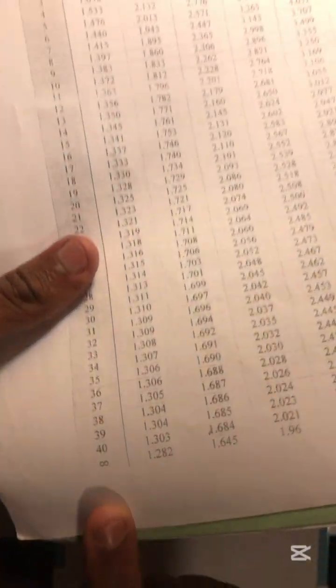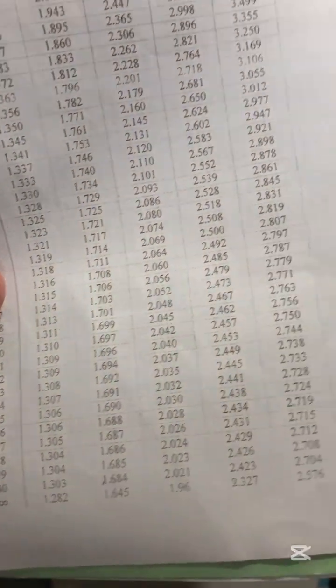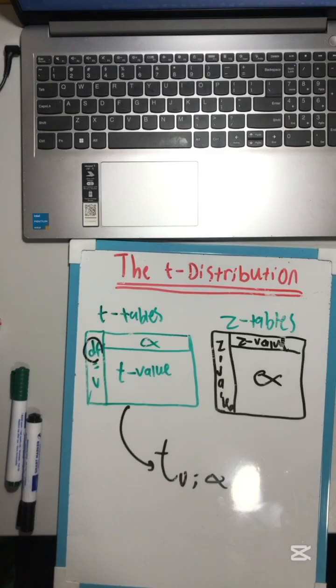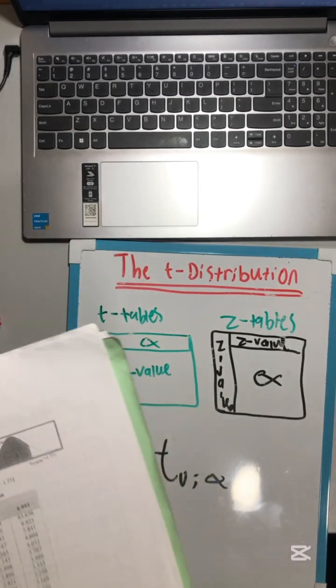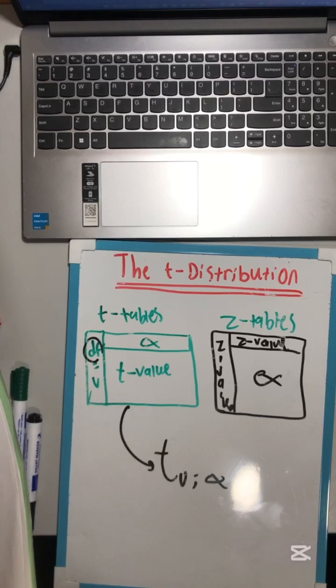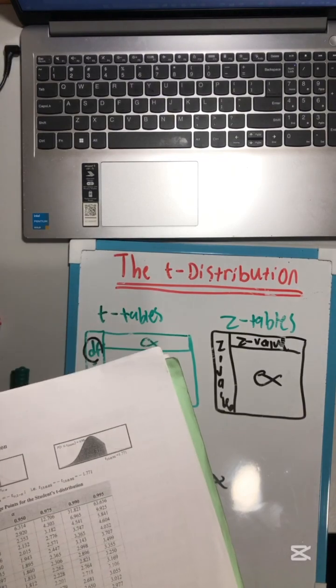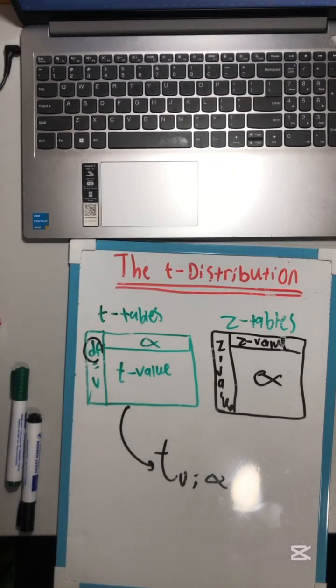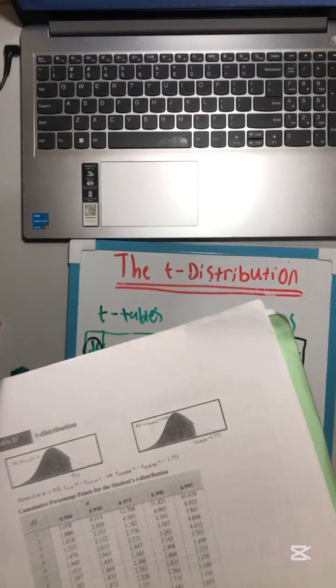And for degrees of freedom which are denoted by the infinity sign, you would see that as the degrees of freedom approach infinity, the t value tends to be similar to the Z value.